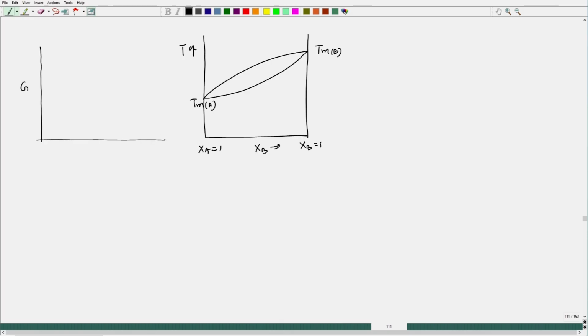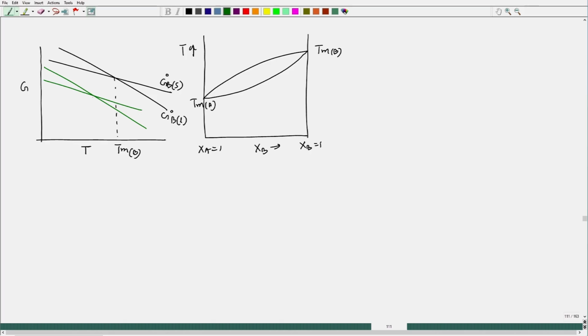we have seen G versus T. So, since the melting point of B is greater than the melting point of A, schematically we are seeing it like this. This one is, let us say, TMB. So, then definitely this would be G naught B solid, this will be G naught B liquid, and for A we will get a diagram like this.